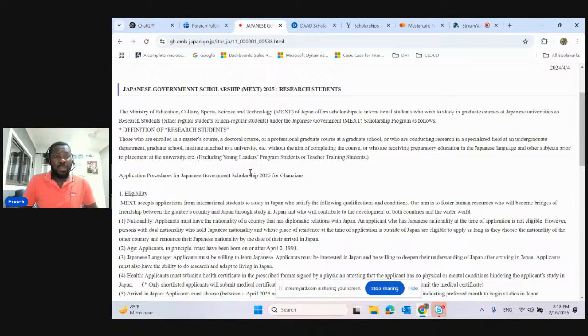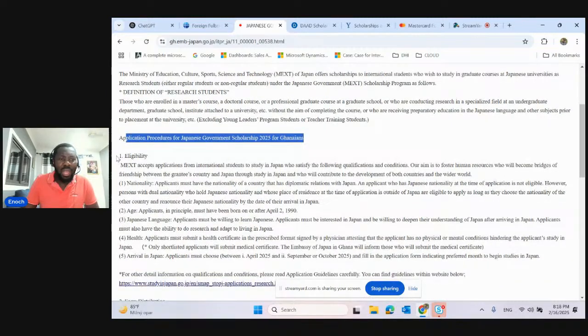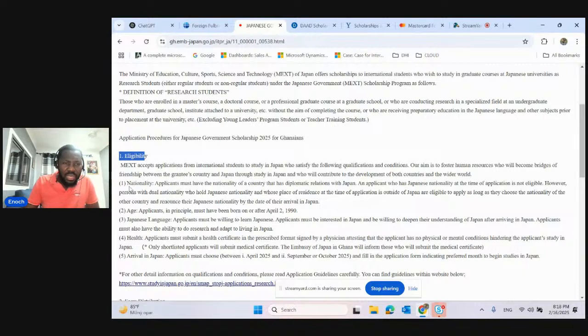The Japan government scholarship is one of the lucrative and enviable scholarships that you can hope to attract. So let's look at what the application procedure is for Ghanaians first, by starting with the eligibility criteria. Number one is nationality. You must, of course, be from Ghana, a country that has diplomatic relations with Japan.